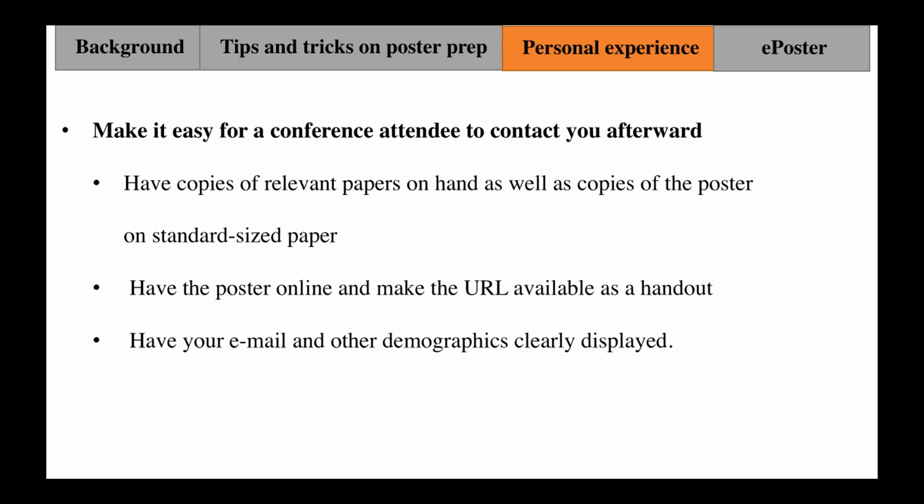Because most of the time in the conferences, we have hundreds of posters and people like to go and see each and every poster that has been presented. If you have your poster on A4 size, you can give people something they can read later, and since you have your information there, they can contact you later if they're interested. Make sure you have your email and other contact information clearly displayed on your poster.